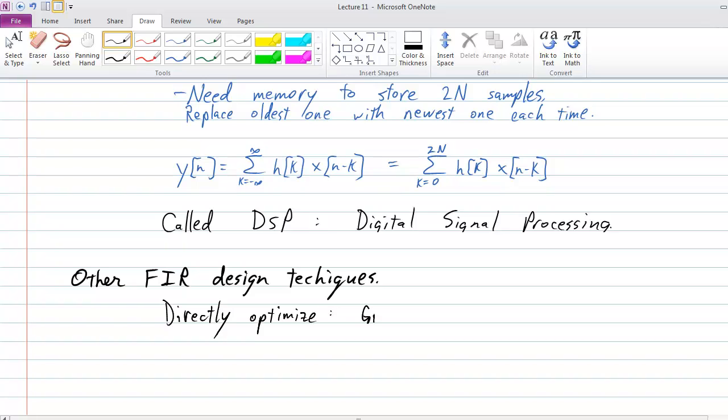So given the length of your FIR filter and a desired frequency response, you can find an FIR filter that matches it as closely as possible, for example. And on top of that, there are a lot of analytic designs that have been developed over the years. I'll say well-known designs.